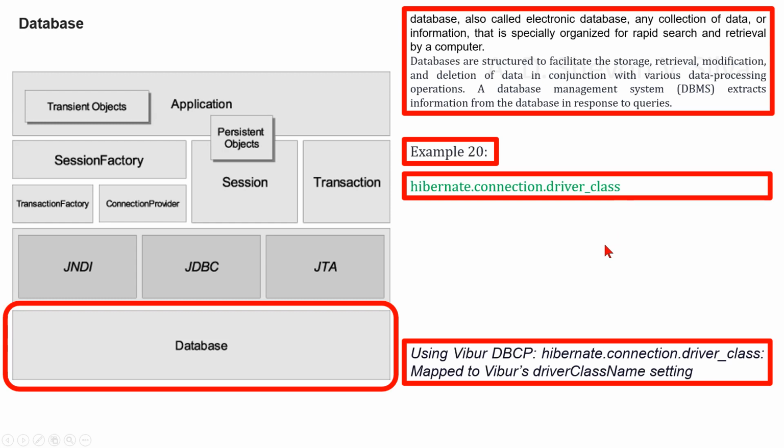Now we are considering using HikariCP. hibernate.connection.driver_class maps to Hikari's driverClassName setting. Now we are considering using DBCP. hibernate.connection.driver_class maps to DBCP's driverClassName setting. Now we are considering using Agroal. hibernate.connection.driver_class maps to Agroal's driverClassName setting.